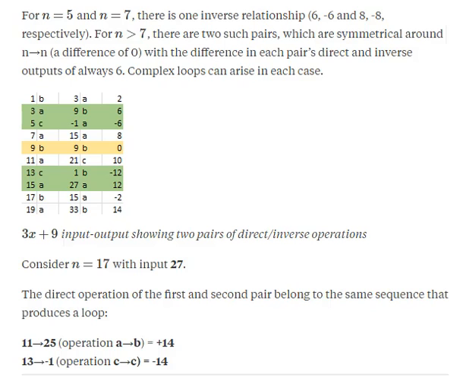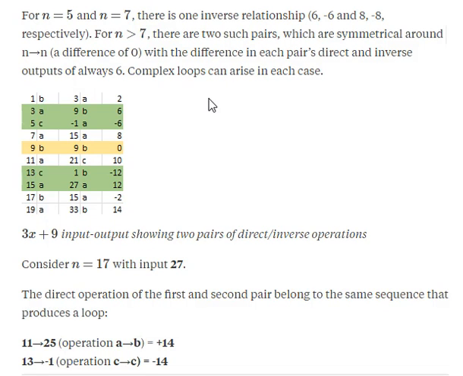Whatever the value of n is, this zero operation, nothing changes. It's equivalent to 1 in 3x plus 1, which is the trivial loop, and I'm simply eliminating the even numbers.